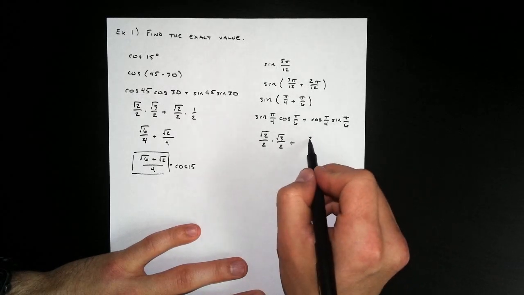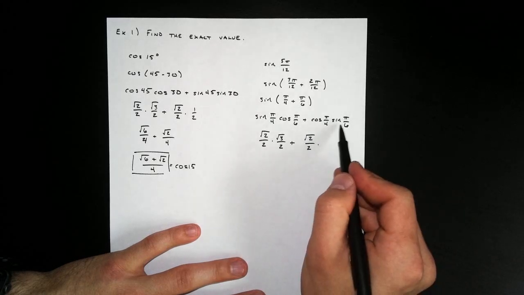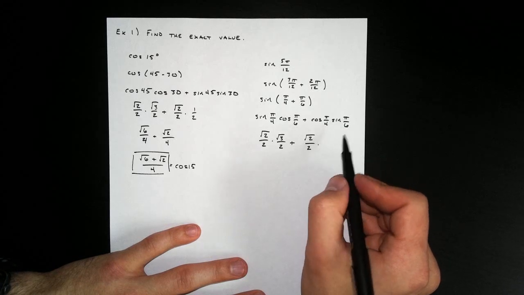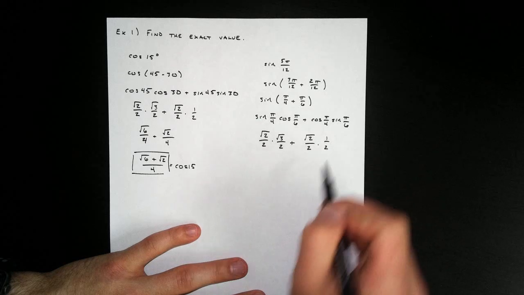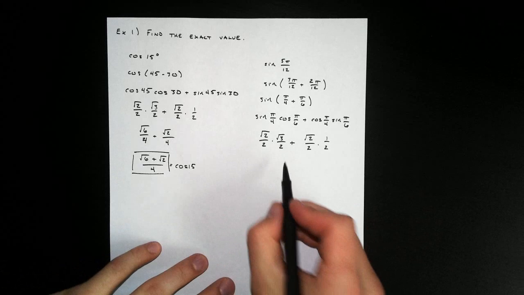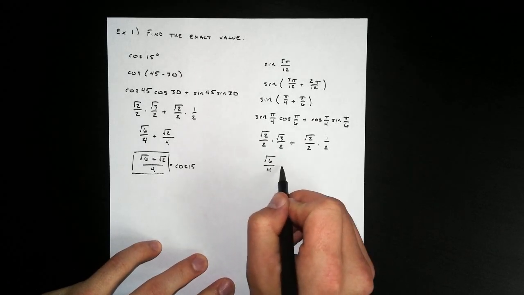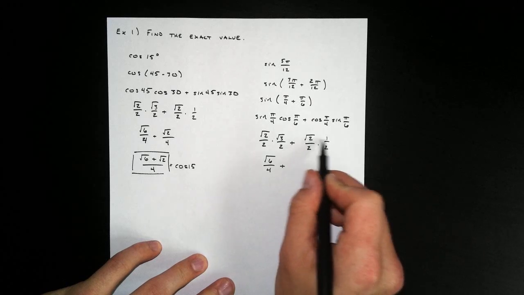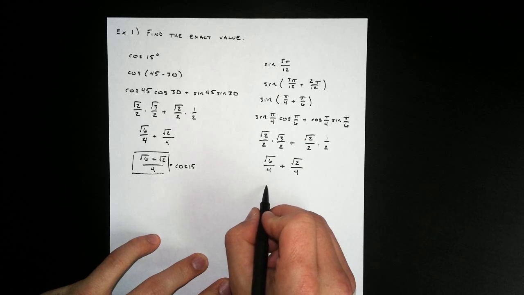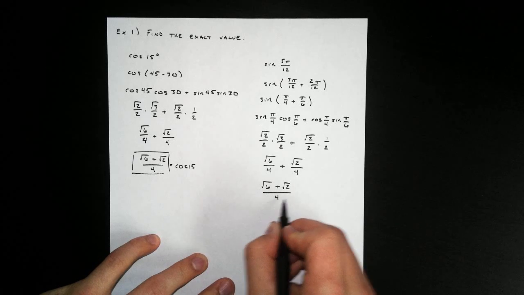The cosine of pi over 4 is the same as the sine, and the sine of pi over 6 is 1/2. That looks very familiar to what we have over here. Same thing, multiplying the radicands, square root of 6 over 4, and square root of 2 over 4, and we end up with the same exact answer.